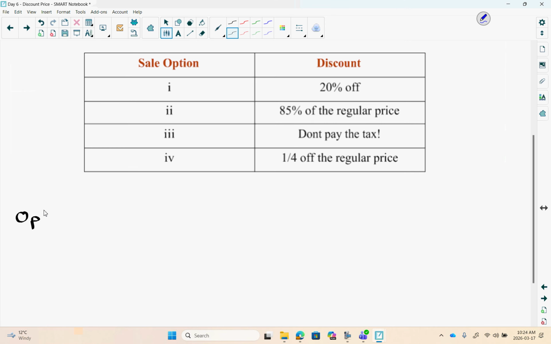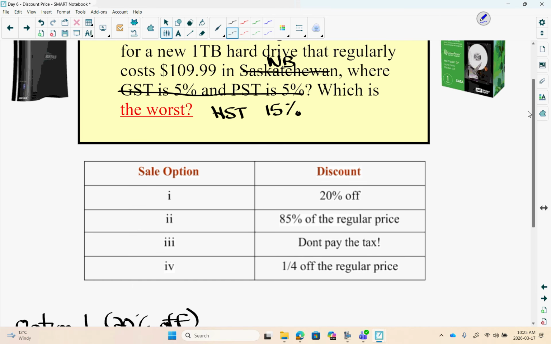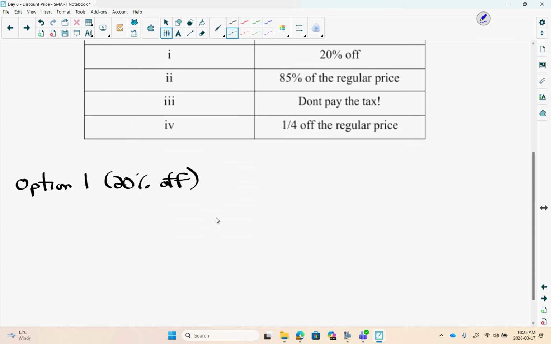So we'll say option 1. That's just 20% off. So if it's a discount of 20% off, what should I do with those percentages? What's 100%? Should I add 20%? I would subtract 20%. What's that going to give me? 80%.